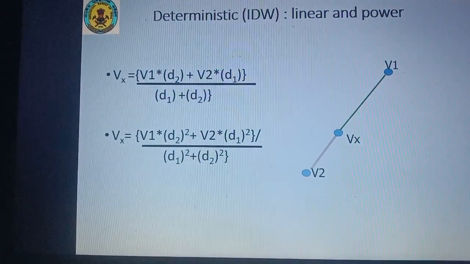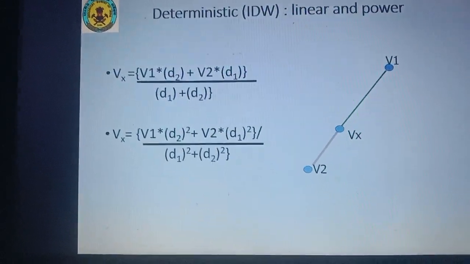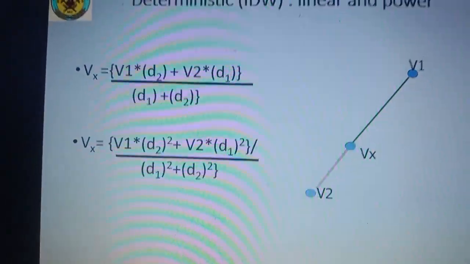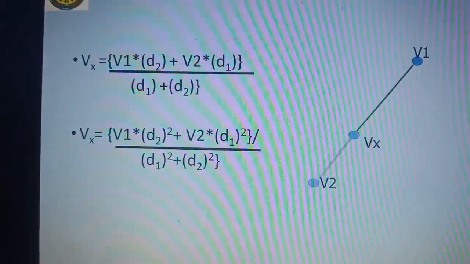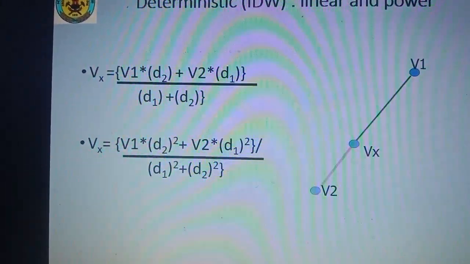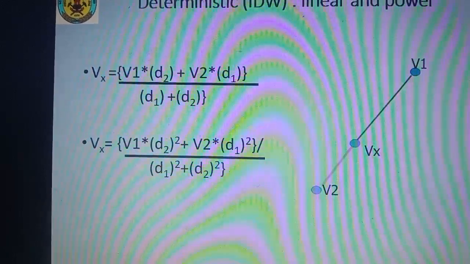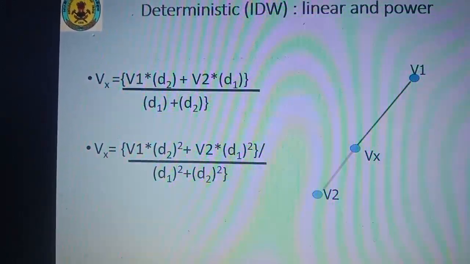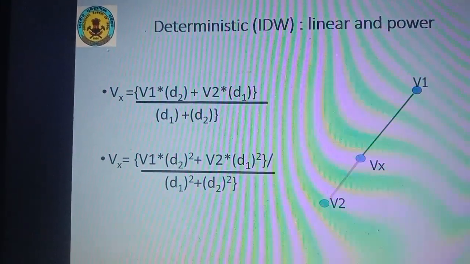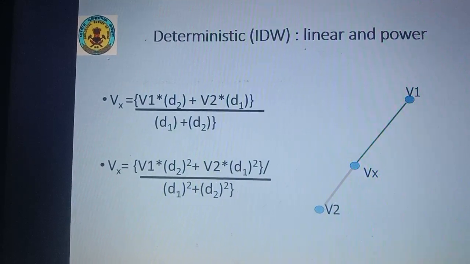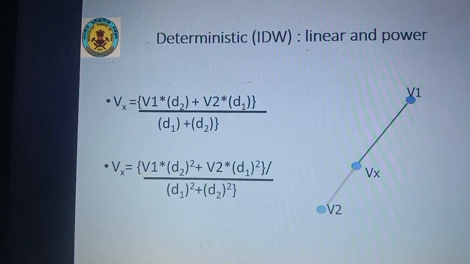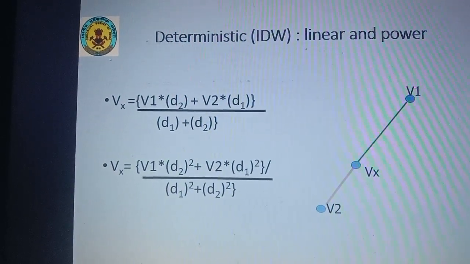If it is a linear interpolation, then Vx, you see, Vx is the unknown location whose value I do not know. I know the values V1 and V2 at particular points, and the distance between V1 and Vx is D1, and between Vx and V2 is D2. In that case, in a linear interpolation by the IDW method, inverse distance weighting method, the Vx value will be V1 times D2 plus V2 times D1, divided by D1 plus D2.